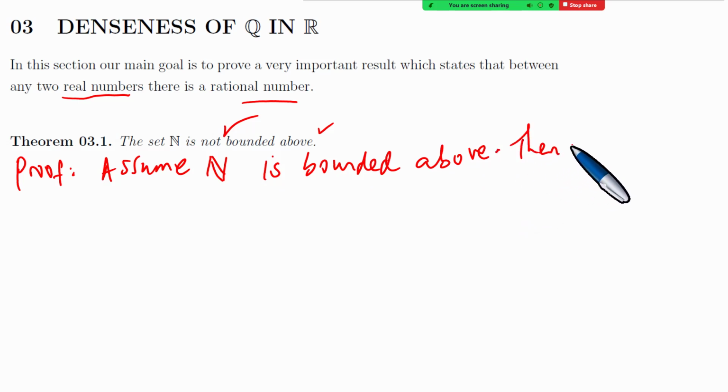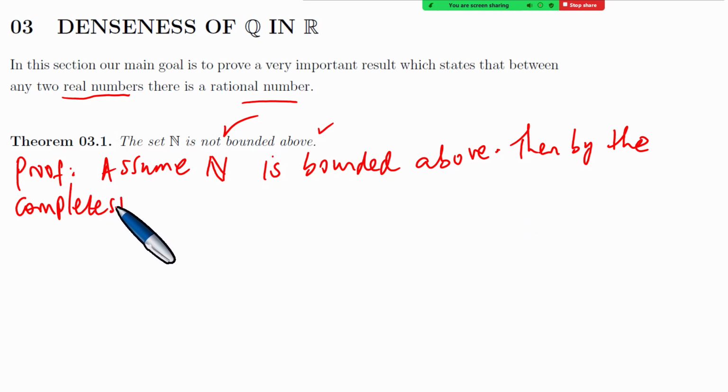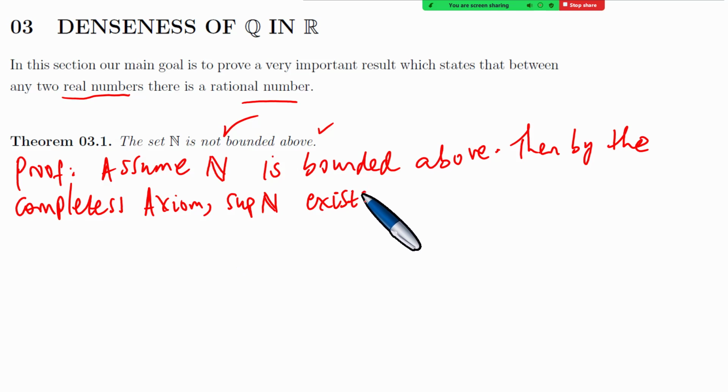Then, by the completeness axiom, the supremum of N exists.